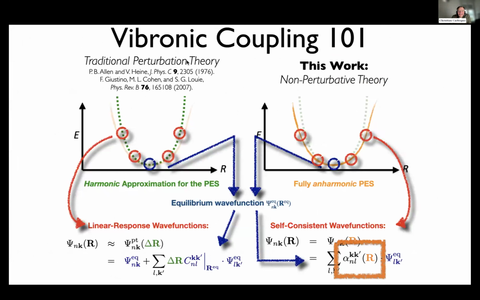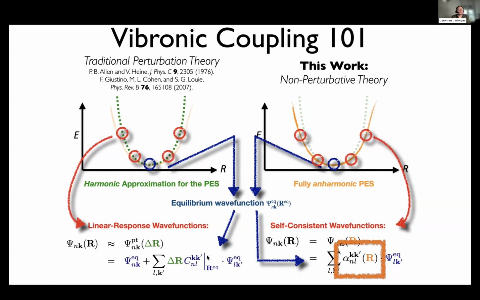So EPW is essentially what we call perturbation theory. It's electron-phonon perturbation theory in a many-body form. It does what is done here on the left. So it's the harmonic approximation for the nuclei and electron-phonon coupling expansion coefficients here for the wave functions.